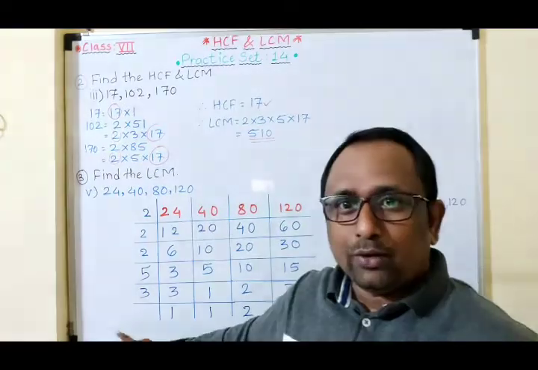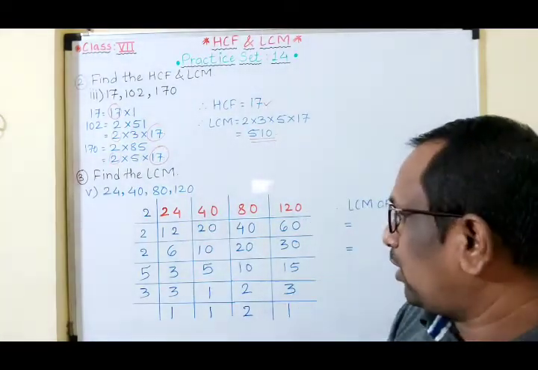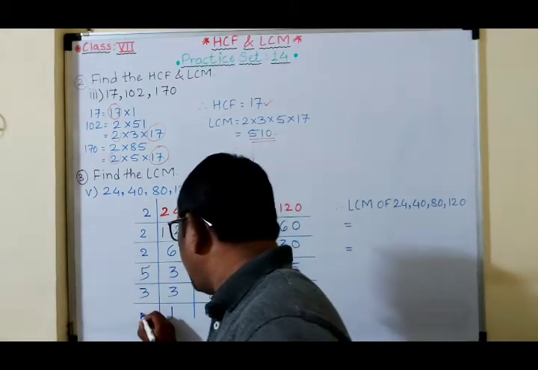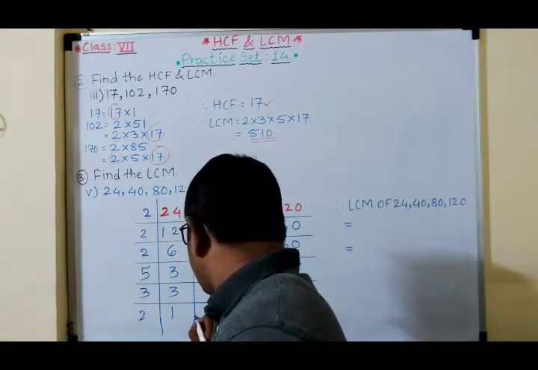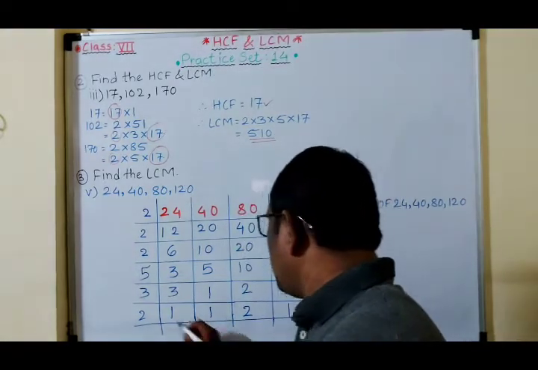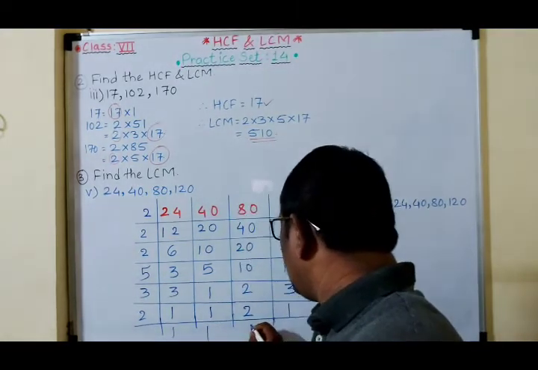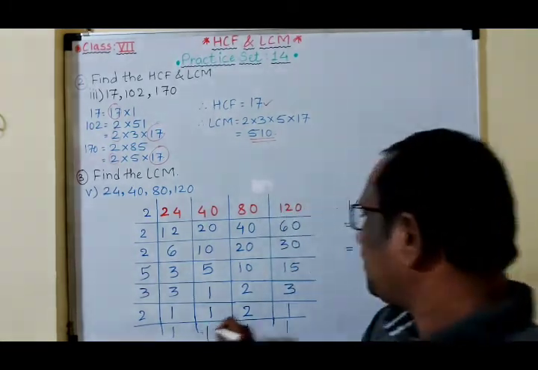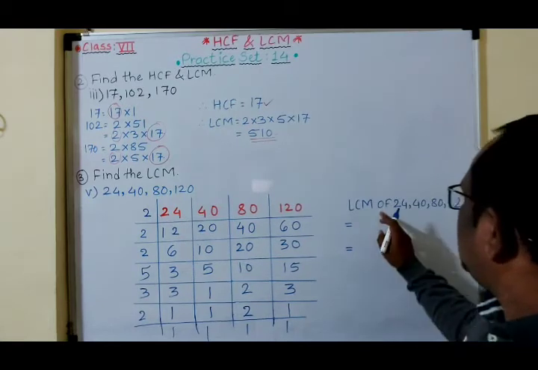Again, if you want to divide this 2, then also no problem. So we'll divide now by 2. One is not divisible, so as it is; 2 1s are 2, and so all we got now is 1, 1, 1, 1, 1 here. Now the LCM of this.